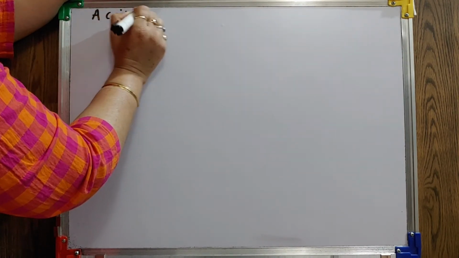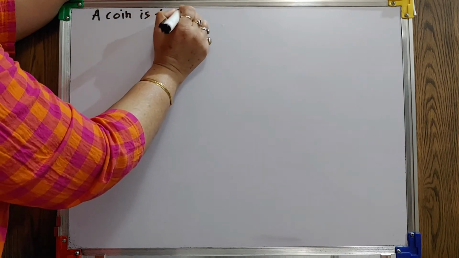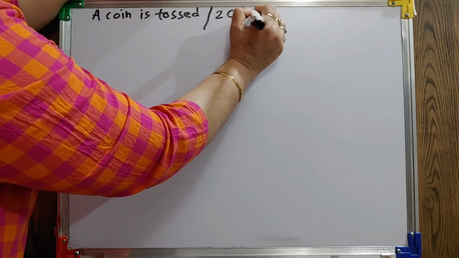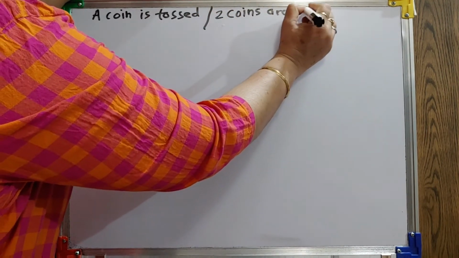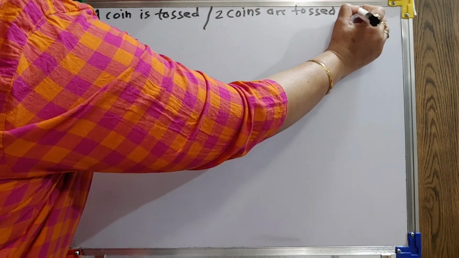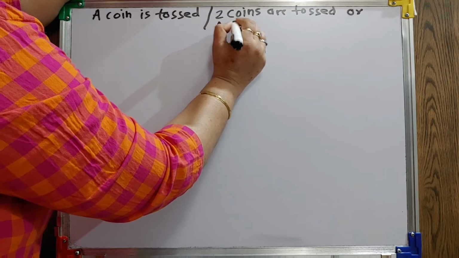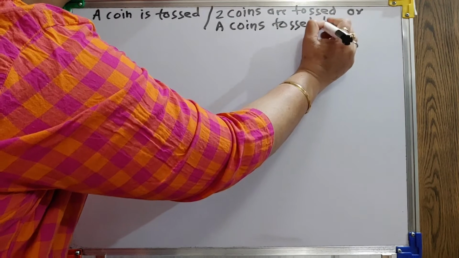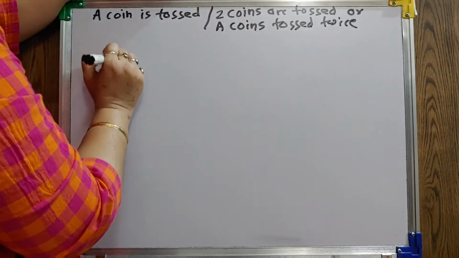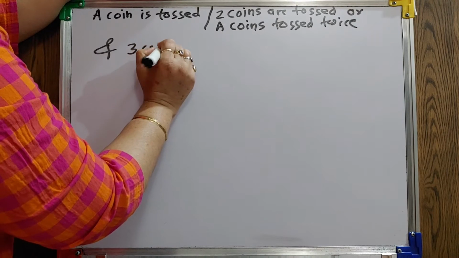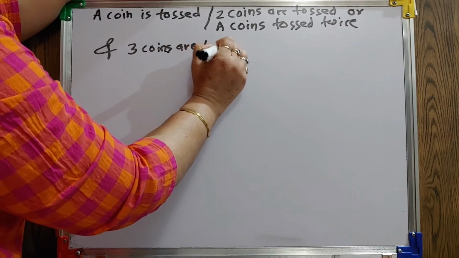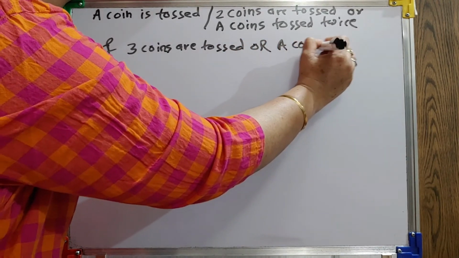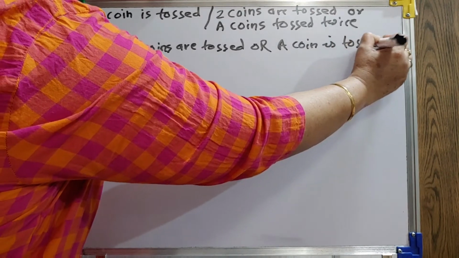A coin is tossed, two coins are tossed, or a coin is tossed twice, and 3 coins are tossed, or a coin is tossed thrice.